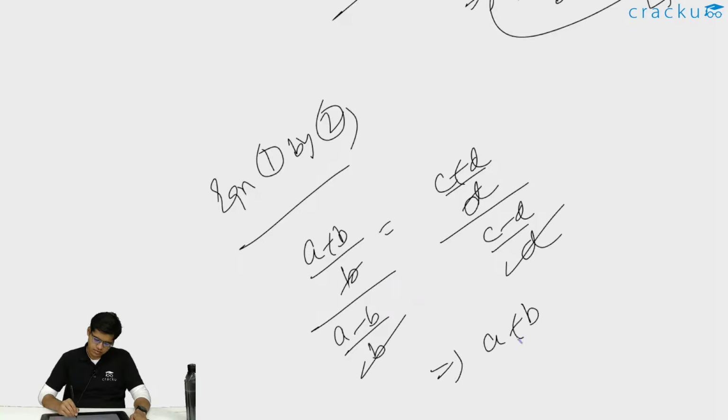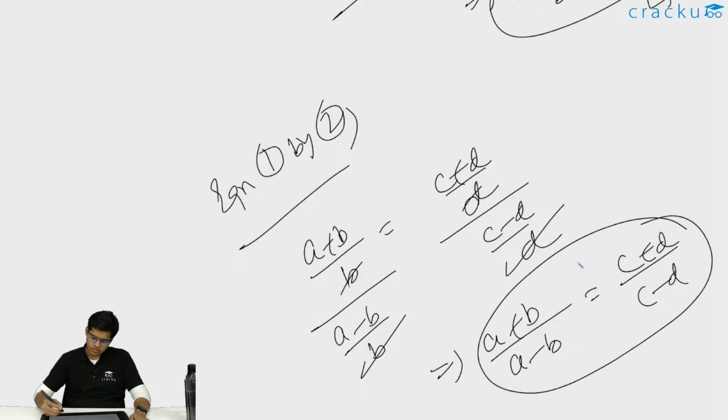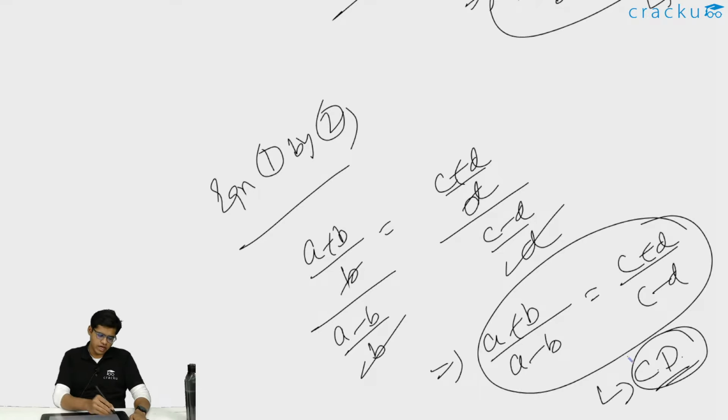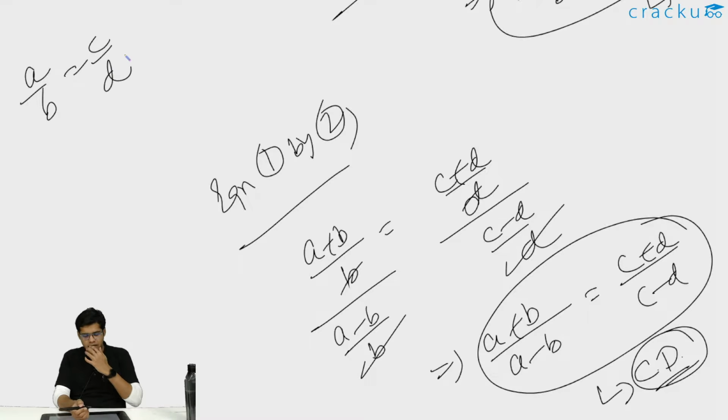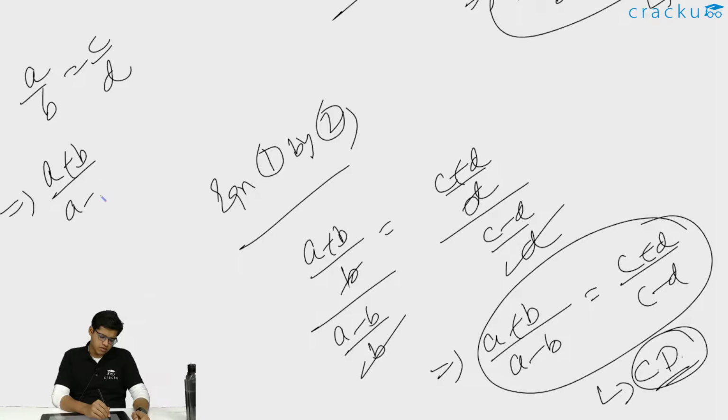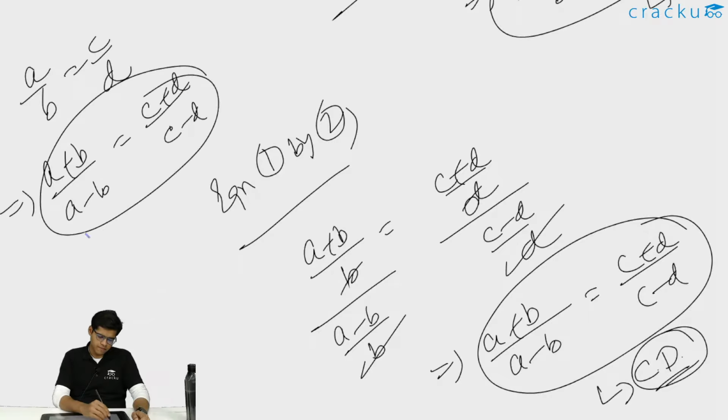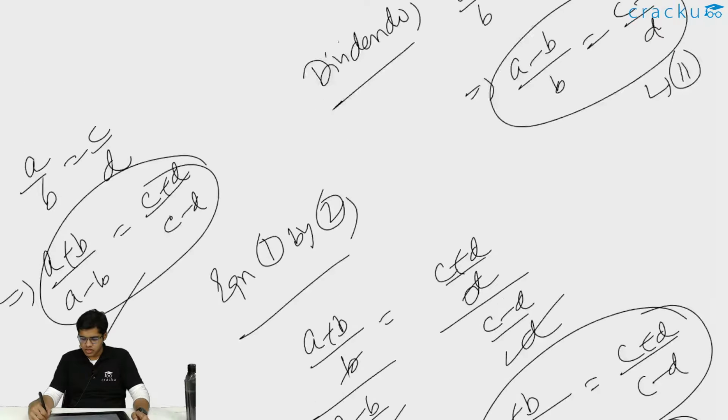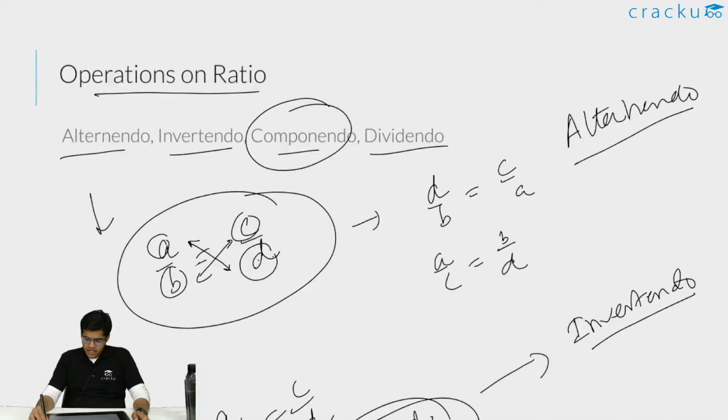So a plus b by a minus b equals c plus d by c minus d. And this is known as componendo dividendo. It means if any ratio is in the form a by b equals c by d, then in componendo dividendo format, it will be a plus b by a minus b equals c plus d by c minus d, right? This is the basic idea. Let's move to the next part.